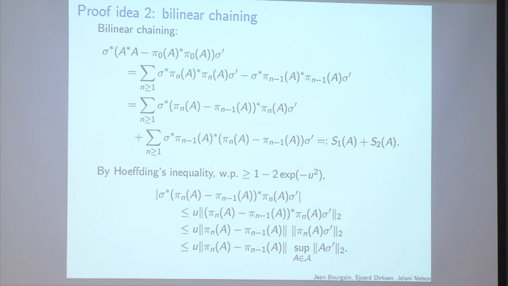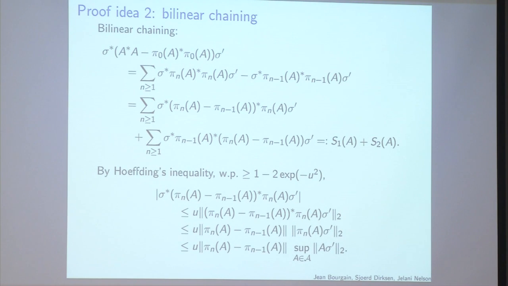I'm first going to forget about the dependence on sigma prime. I'm simply going to take this fixed, and only work with this original vector of random signs. Now Hoeffding's inequality says that with high probability, probability 1 minus e to the minus u squared, I can estimate this by the L2 norm of everything that you see here except this sigma, times u.